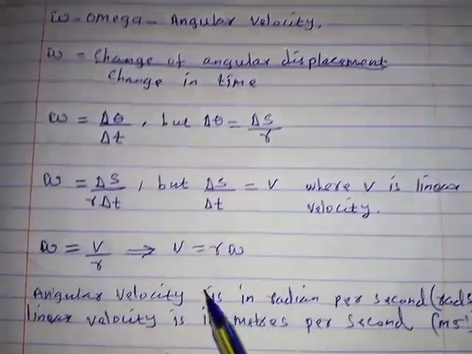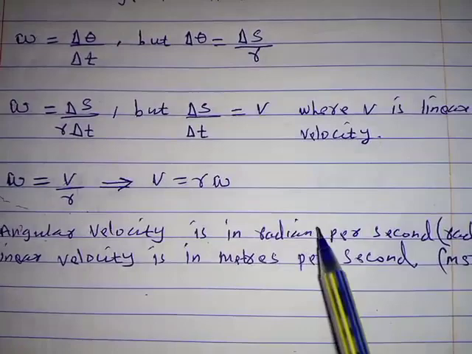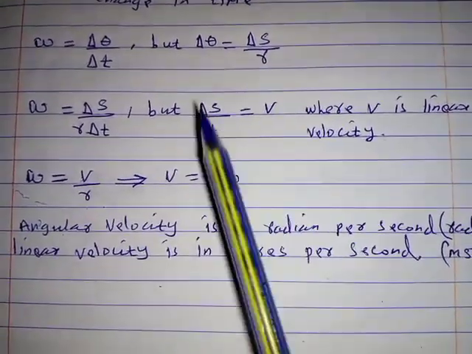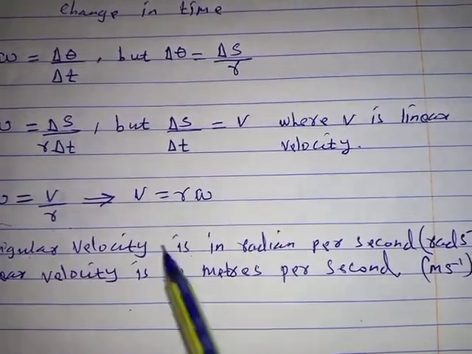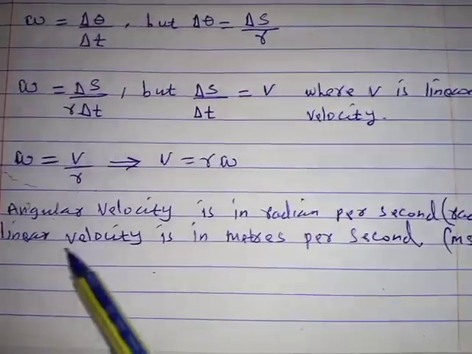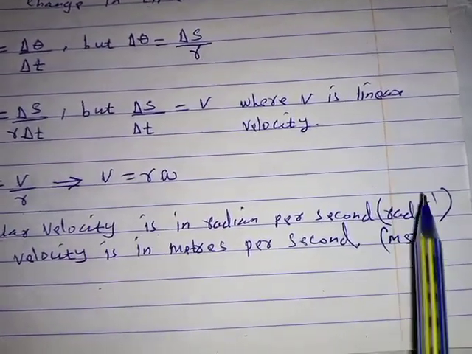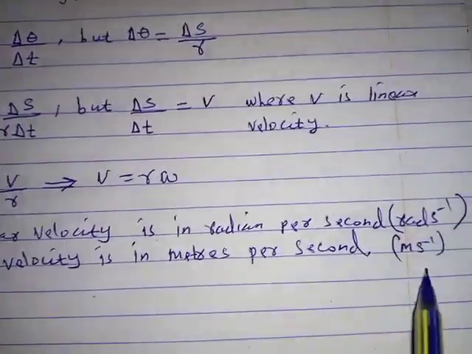Now, angular velocity is in radians per second because the angular displacement is given in radians and time is in seconds. So the unit of angular velocity is radian per second. Linear velocity is in meters per second.